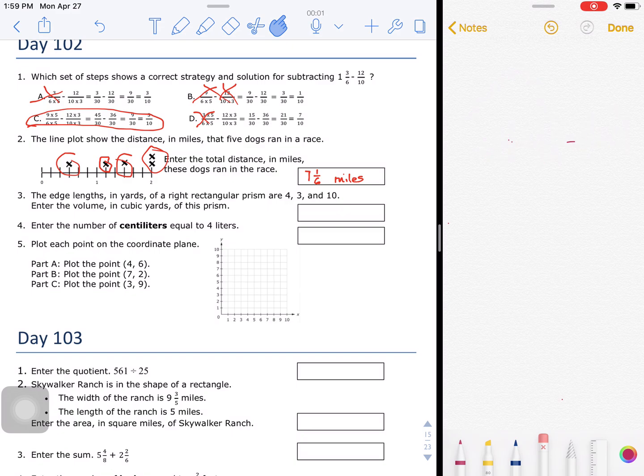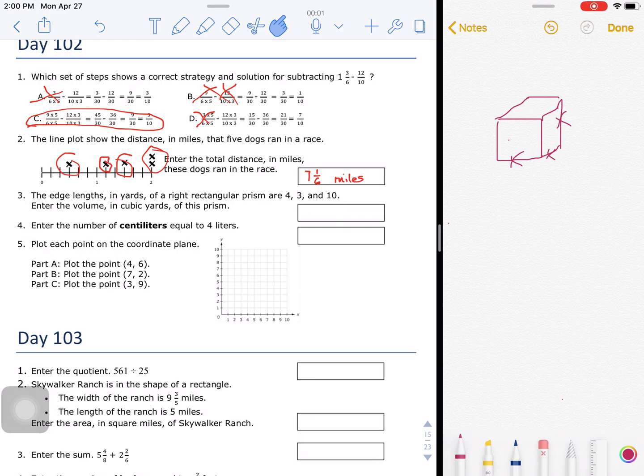So just to clarify here, in a rectangular prism, it's all based off of a rectangle, but it's 3-dimensional. So every edge would be where 2 sides come together. When it's talking about edge lengths, now that is more in a cube, but edge lengths would be like right here, here, and here. So length times width times height.